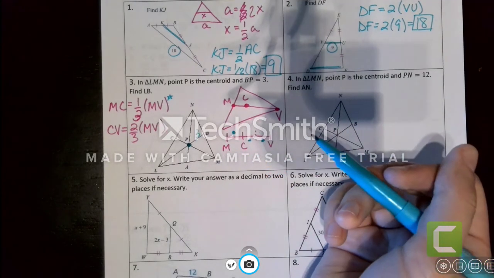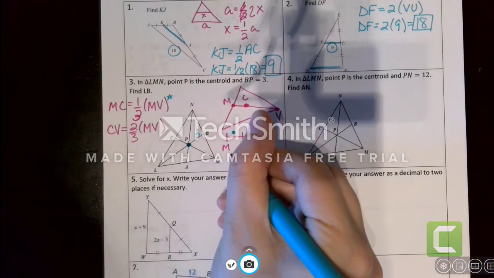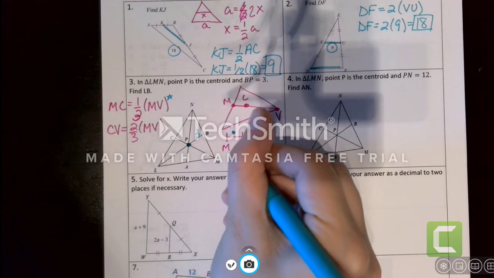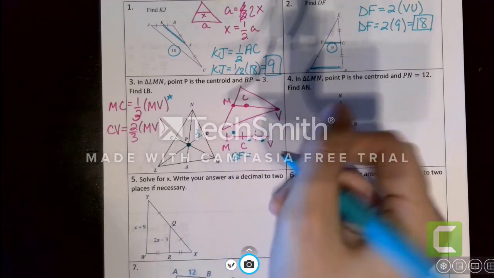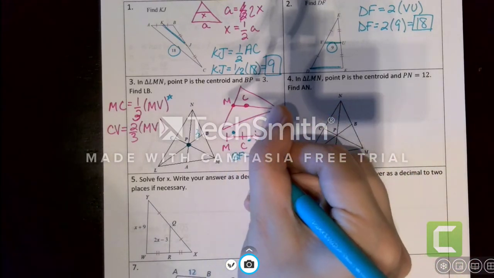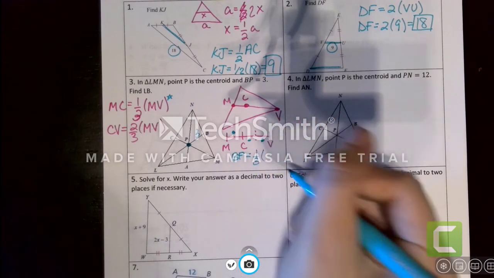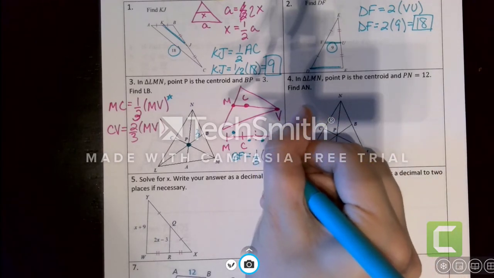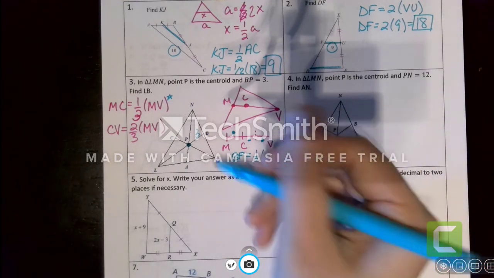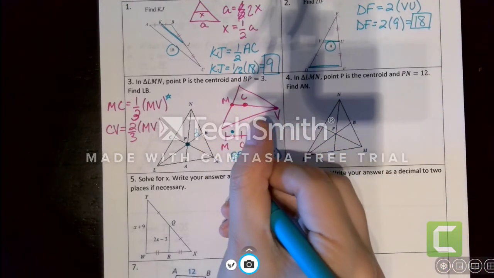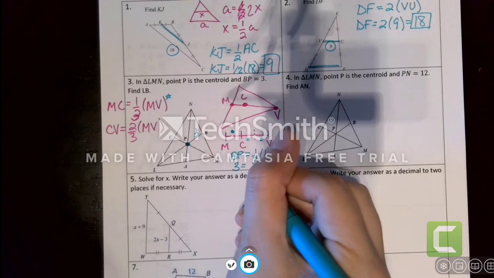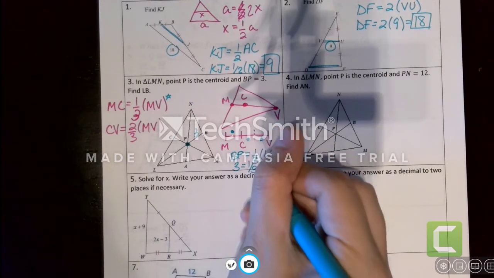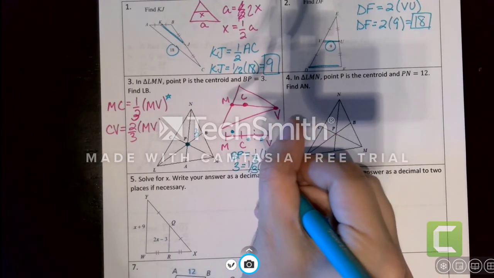So we'll plug in what we know. We know that BP is equal to 1/3 the length of LB. We know that BP is equal to 3, so 3 is equal to 1/3 of LB.